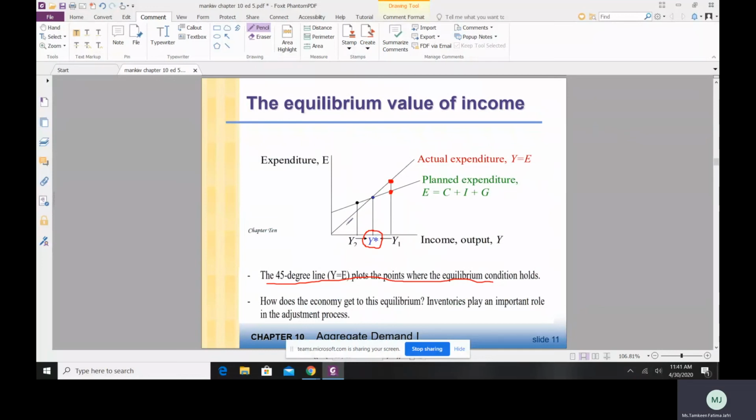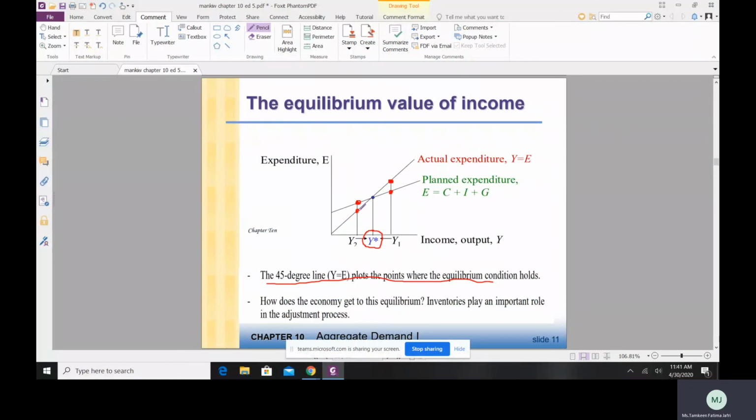Similarly, Y2 को मैं equilibrium नहीं कह सकती, because at Y2 you can see for yourself that the planned expenditure, जो कि E है, that's greater than the actual expenditure which is Y. In other words, what you can see here is that the supply, जो कि ये नीचे वाला point है, the supply is less than the demand. So what must be happening to the inventories? Supply कम है, demand ज़्यादा है, production कम है, demand ज़्यादा है, यानी you're actually depleting your inventories. ठीक है? जो inventory में चीजें पड़ी हैं, वो निकल रही हैं, because there's a lot of demand for the product.